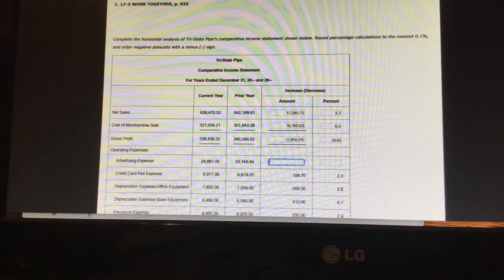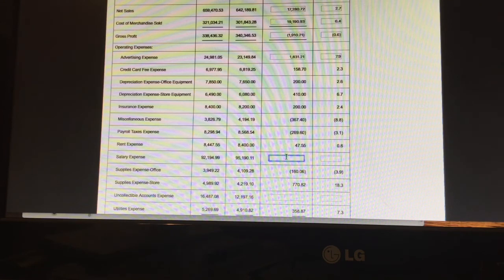Our advertising expense, $1,831.21, is an increase of 7.9%. Scroll down. Our salary expense is also negative, so negative 2,995.12, and our decrease is 3.1.